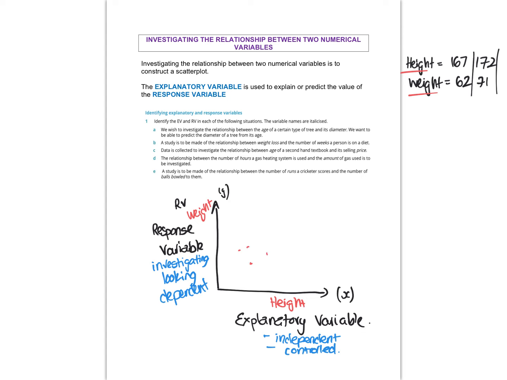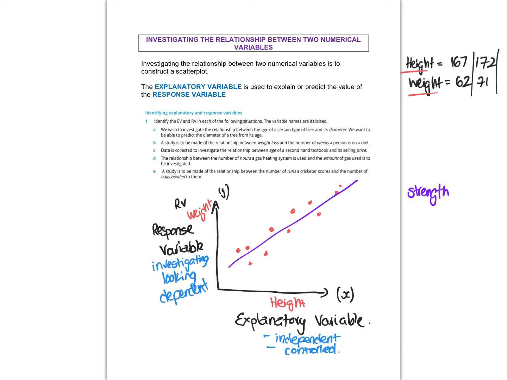I'm going to jump ahead a bit, and we ended up with scatter plots. We've got all these different individuals, so those dots would be all the people we looked at, and we've recorded their height and their weight. Then, if you remember, we looked at those dots and gave it a strength. If the dots were close to each other, close to following a straight line, we said it was stronger.